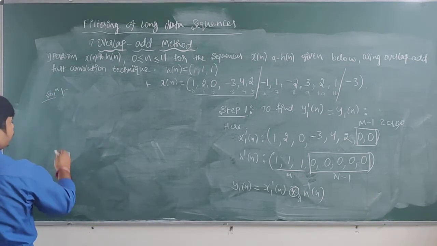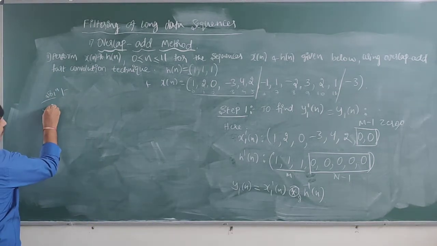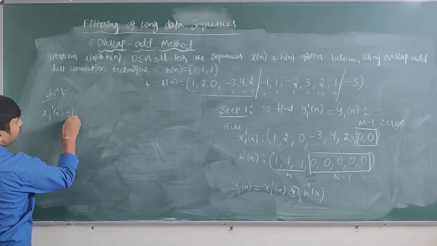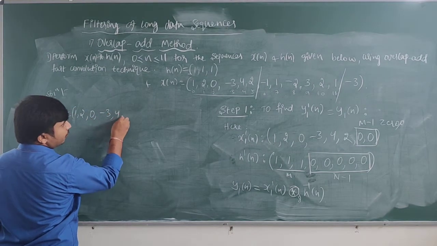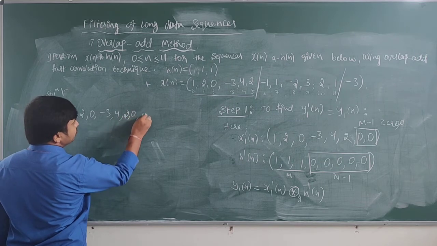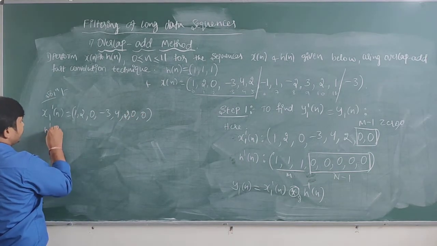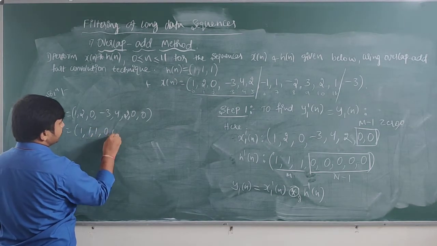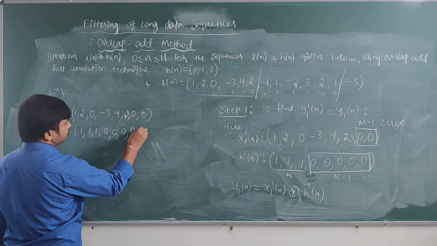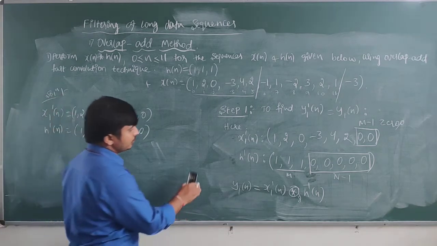So I will write down those sequences here. X1 dash of n is equal to 1, 2, 0, minus 3, 4, 2, 0, 0, and h dash of n is equal to 1, 1, 1, and 5 zeros.